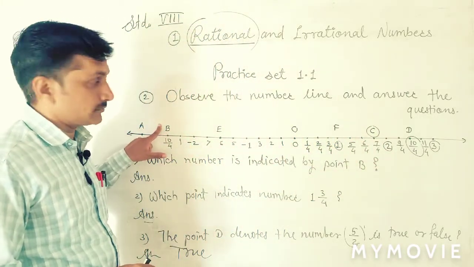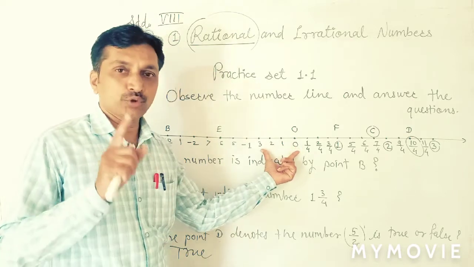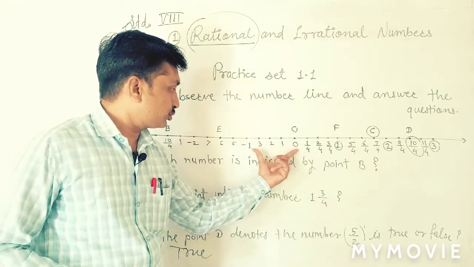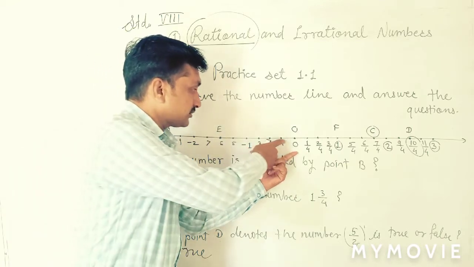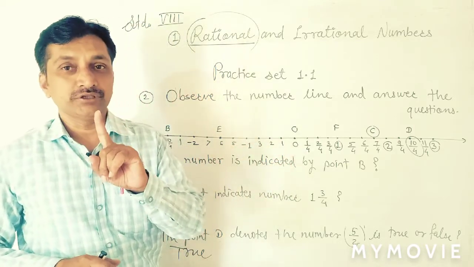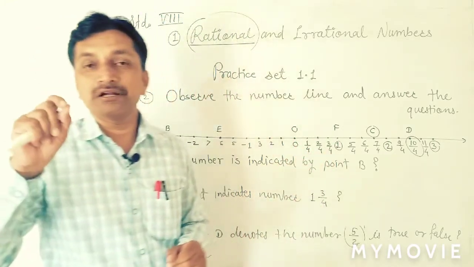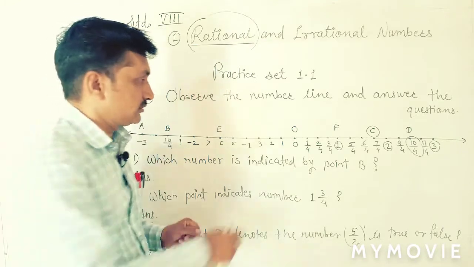Point B is here. Now we have to see how many parts are made of one unit. Here 0 to 1 is 1 unit, and here 1, 2, 3, 4. 4 parts are made of 1 unit. Here also, and that's why we have to write divide by 4 to all numbers.